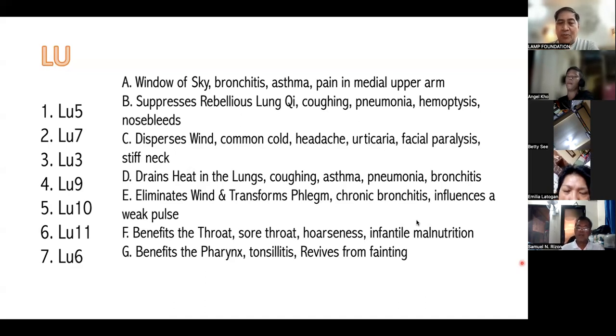I want you all to get used to medical terms. We're going to be medical acupuncturists. Hematuria, blood in the urine. Hematemesis is vomiting of blood. Nosebleeds, epistaxis.